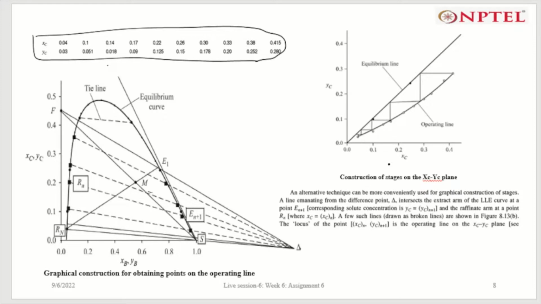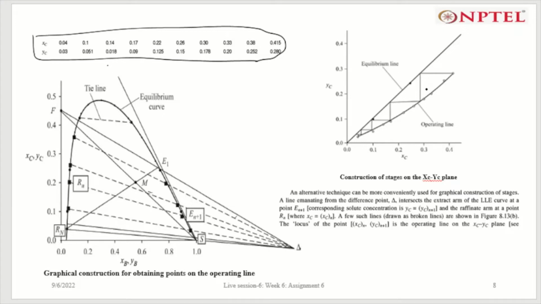Now to calculate the stages between the equilibrium line and operating line, draw from the first point a line parallel to the x-axis to intersect the equilibrium line. Then draw a line parallel to the y-axis to meet the operating line.